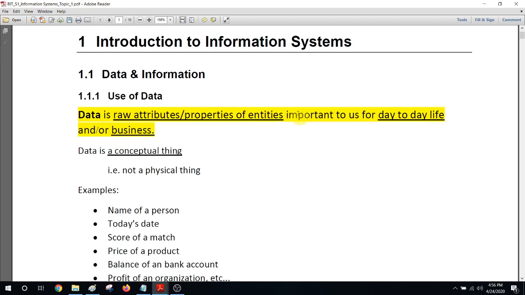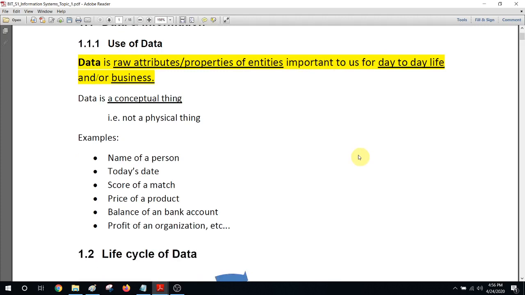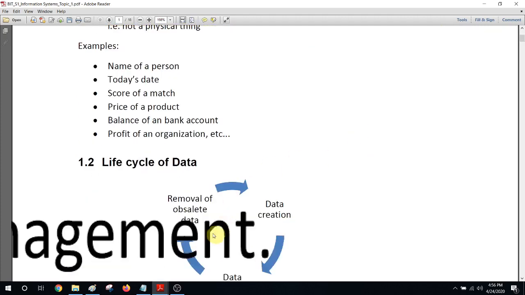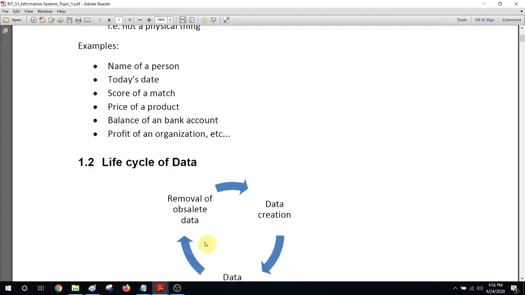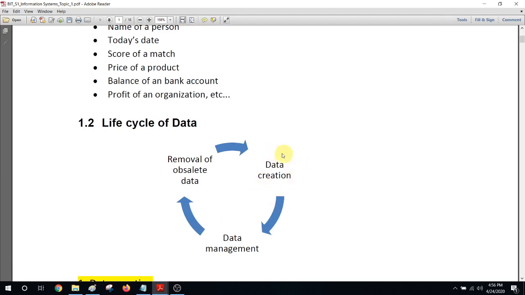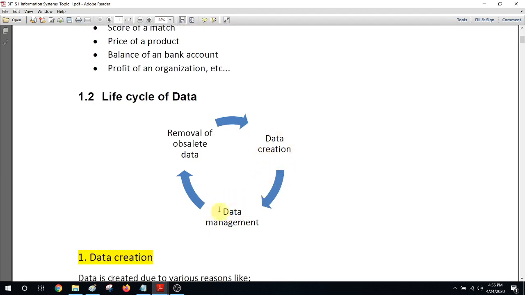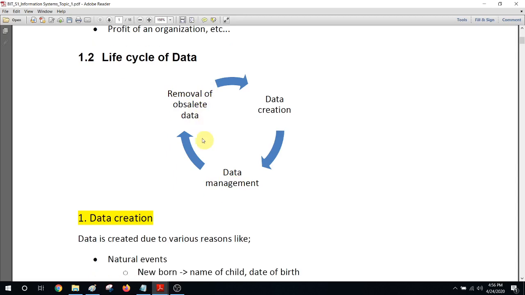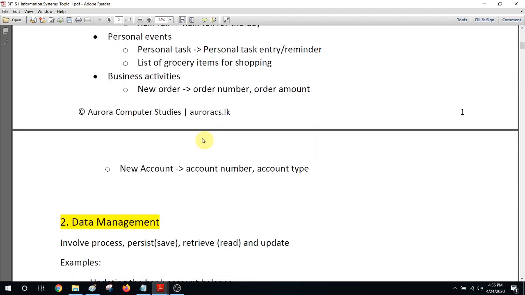Those are concepts, but they are also entities, and information systems work heavily with those conceptual entities. Okay, right. So then the life cycle of data. Data will be created, it will be used or managed, and when we are done with the data, we will get rid of the obsolete data. So that is straightforward.